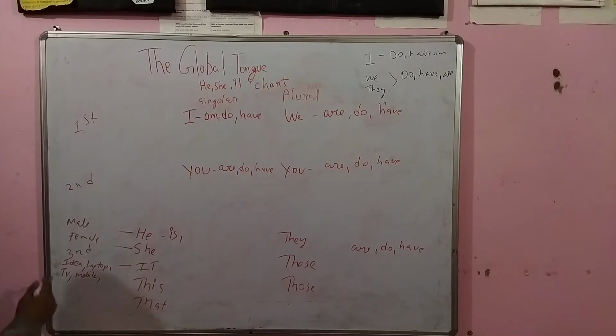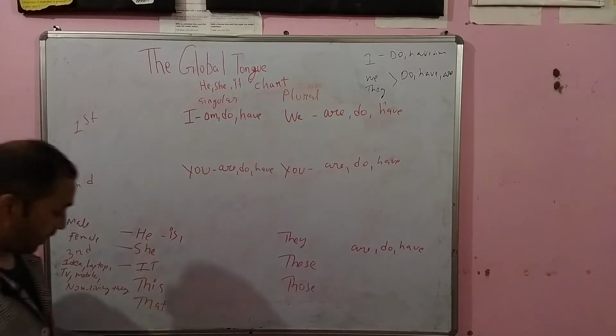All right. Anything that you think of. It could be a non-living thing. All right. This is an idea I told you, and this is any abstract thing. All right. These abstract things, we call them it.